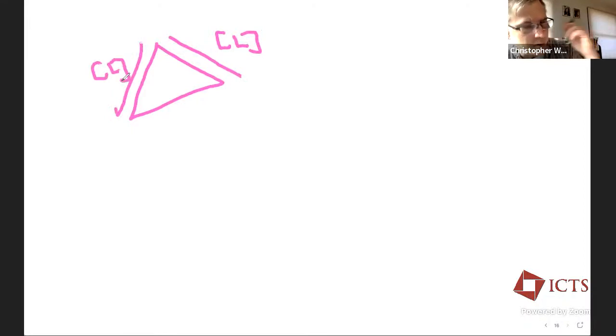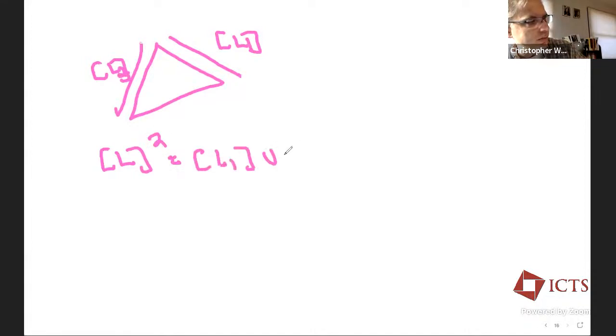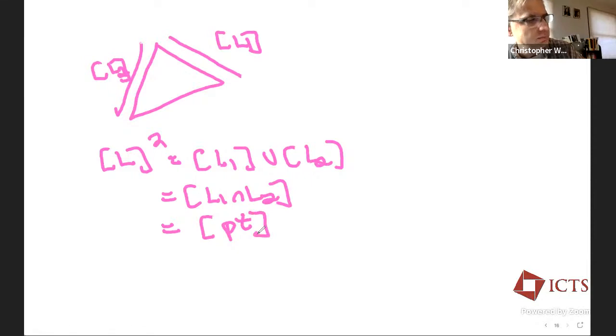It's the same homology class. Let me think of this as L1 and this as L2. L squared would then be L1 cup product L2, which is the same as L1 intersect L2, which is the class of a point. So that would be equivalent to saying that L has self-intersection number 1, which I think is what your question was.